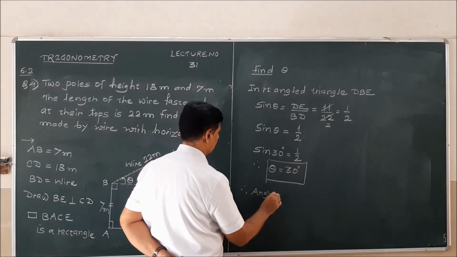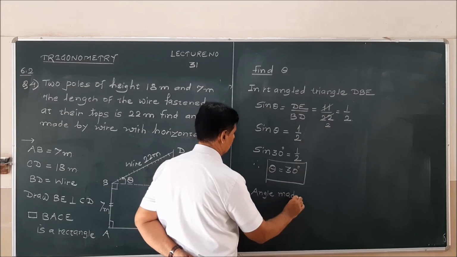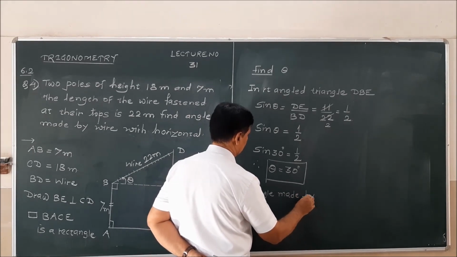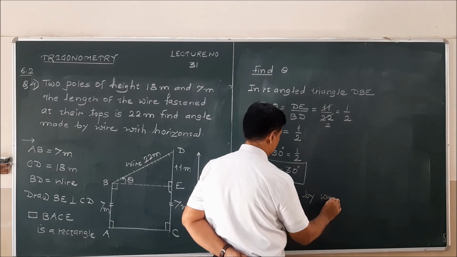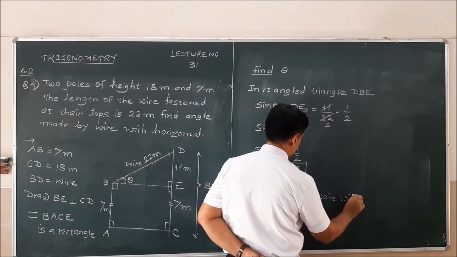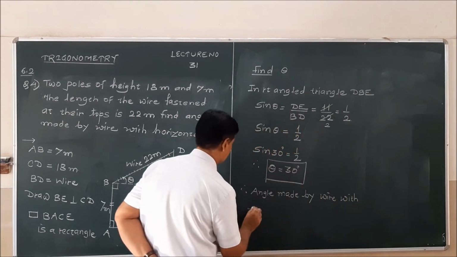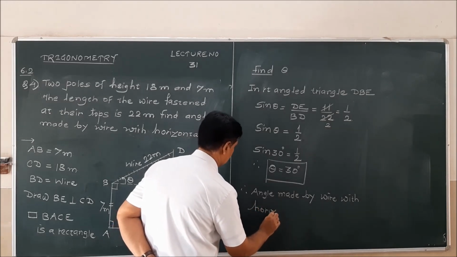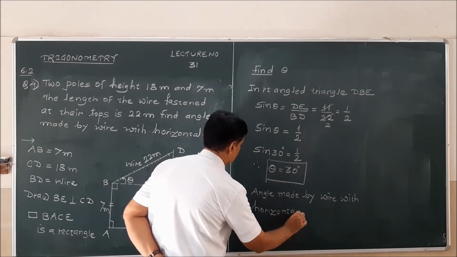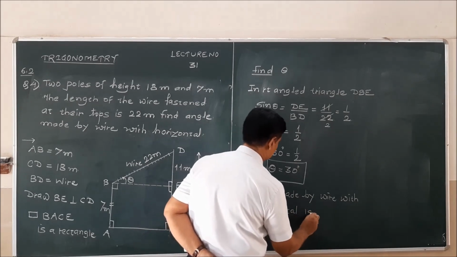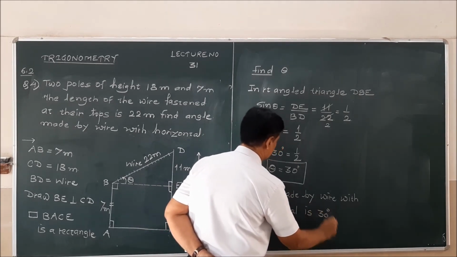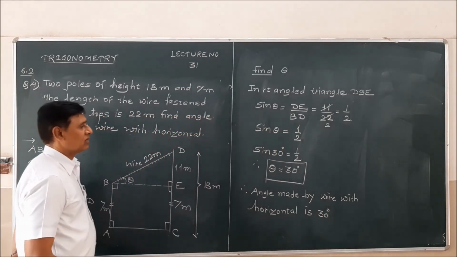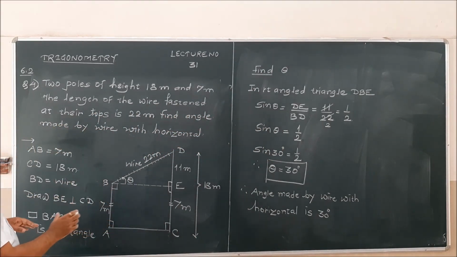Angle made by wire with horizontal is 30. So this is a figure, this is the description of the figure. We have to find out angle made by wire with the horizontal.